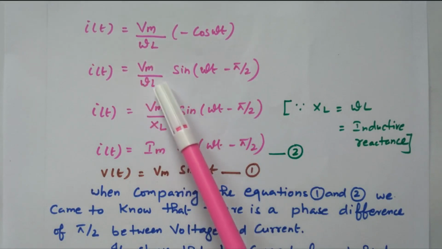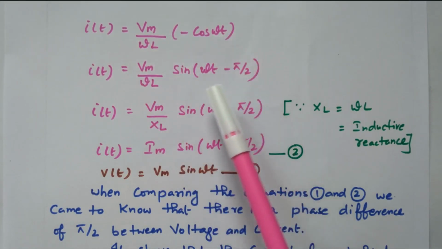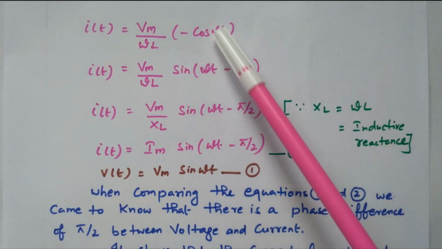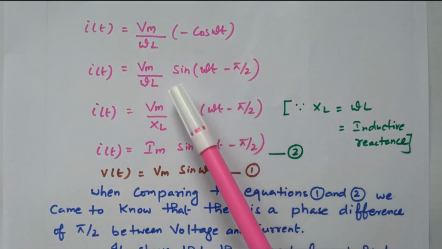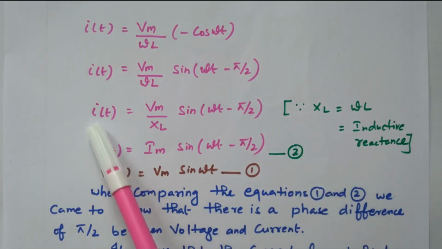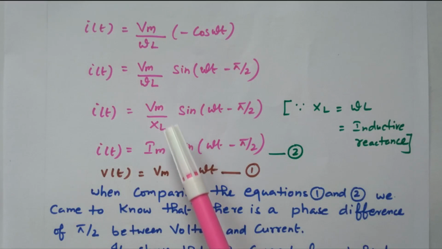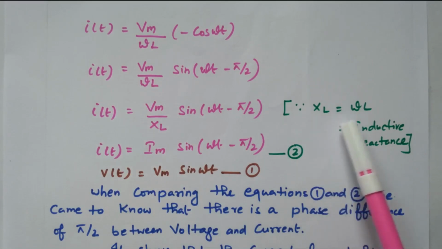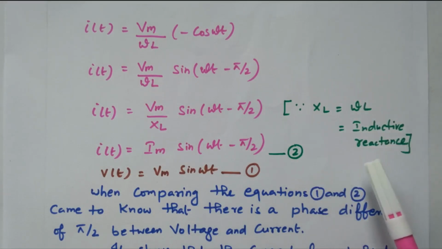So Vm by omega L into minus cos omega t can be written as sin omega t minus pi by 2. Both are equal: minus cos omega t is equal to sin omega t minus pi by 2. So I of t equal to Vm divided by XL. This omega into L can be written as XL. XL is nothing but omega into L, the inductive reactance.